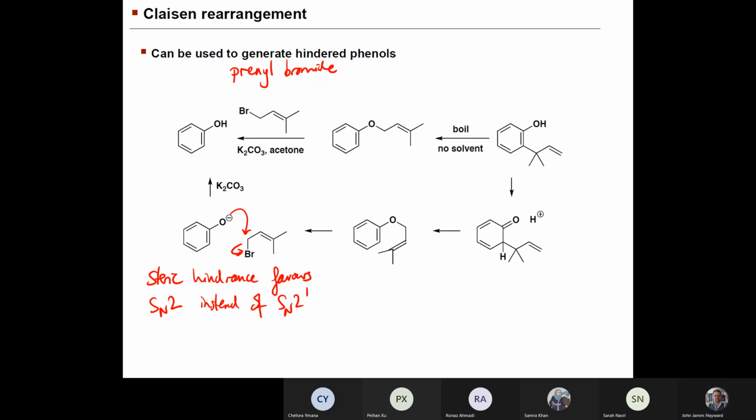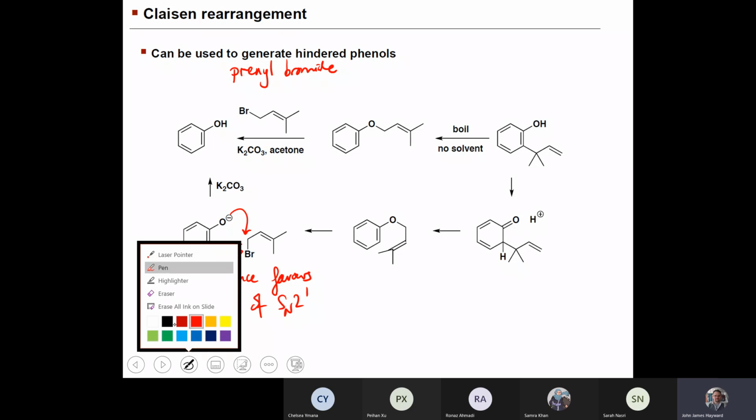Then, what's going on here? The arrows are in the wrong direction.